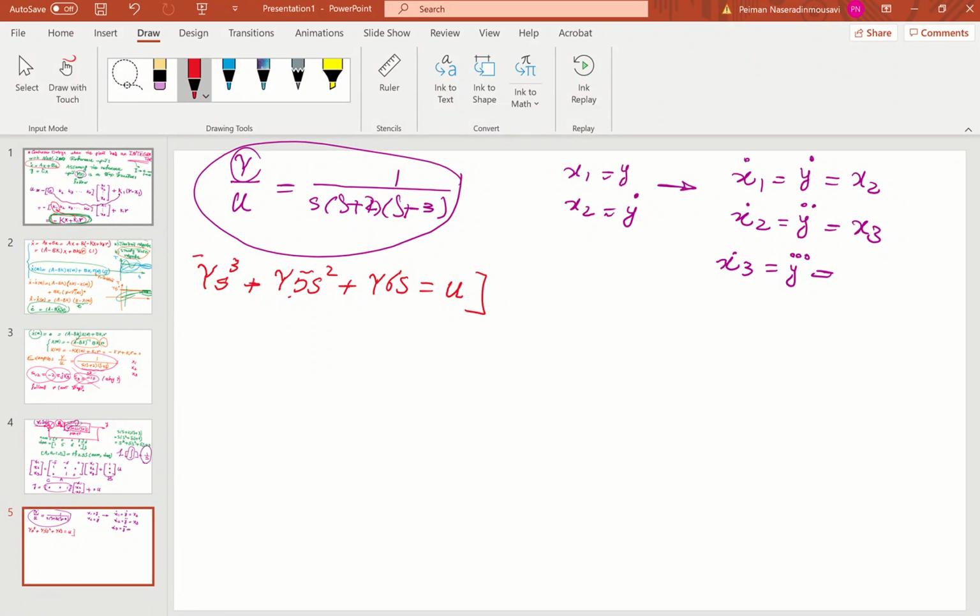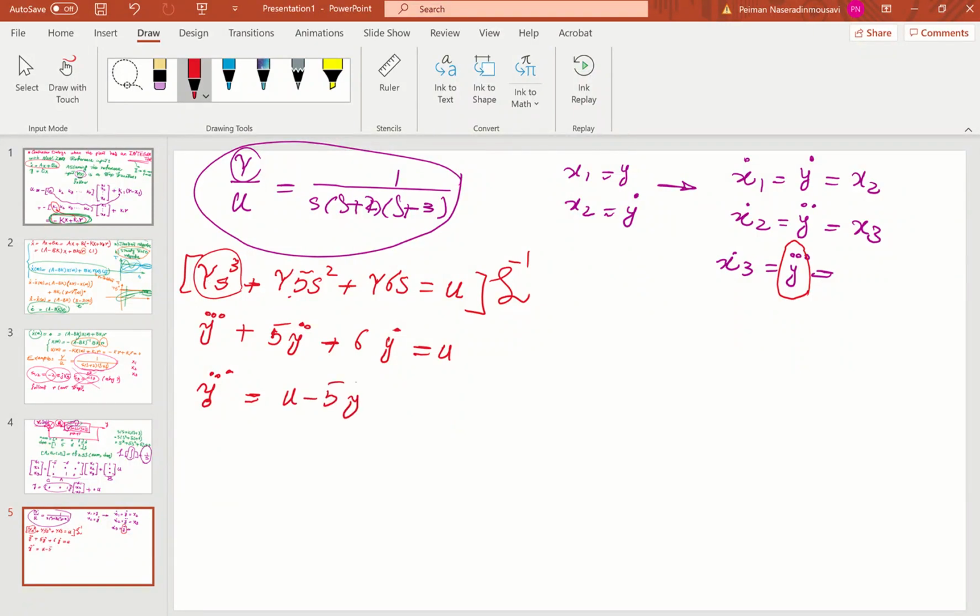Remember, if you apply the inverse Laplace transform, this gives you y triple dot in the time domain plus 5 y double dot plus 6 y dot is equal to u. But what we want to find is y triple dot. So y triple dot is equal to u minus 5 y double dot minus 6 y dot.